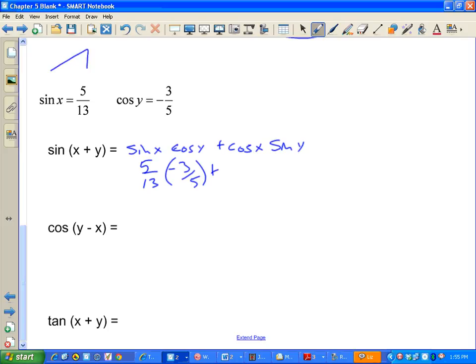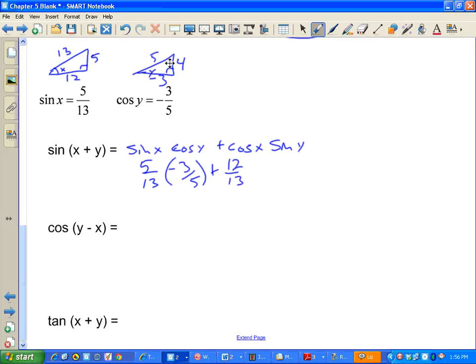So this requires you to make two right triangles. If this is x, the sine is 5/13. Pythagorean theorem would give this as 12. Over here, make another right triangle. This is y. The cosine is negative 3/5. That would make this 4. So cosine of x would be 12/13.